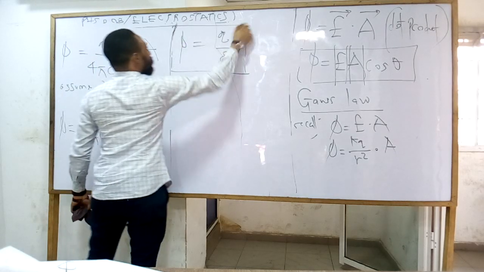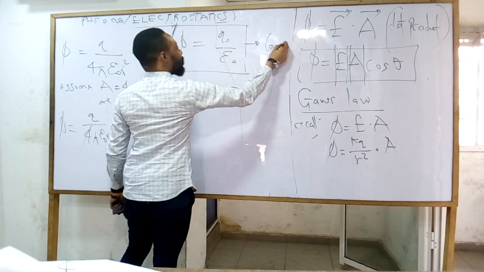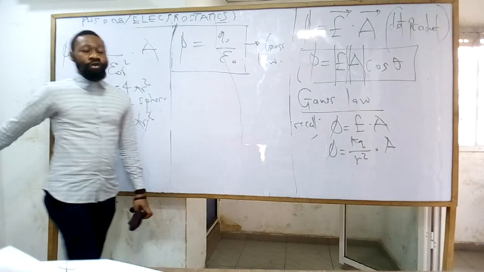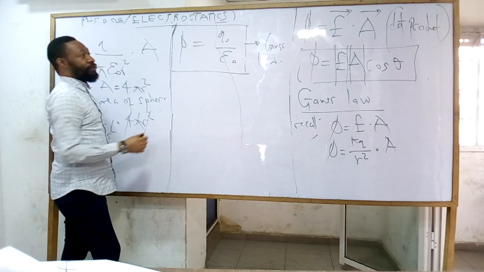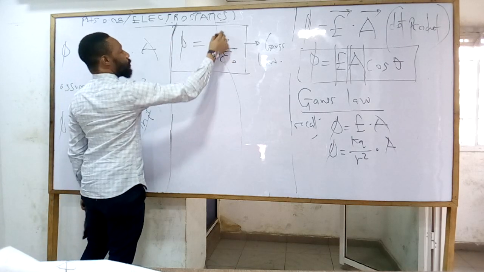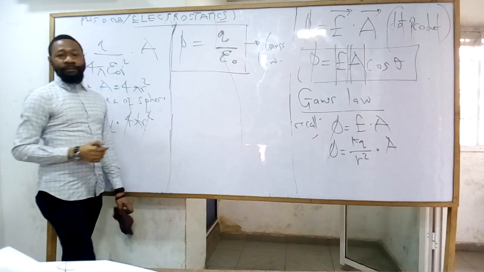This expression is what is called Gauss law. So once you can remember this, you can state Gauss law. Gauss law states that the flux passing through a surface is the ratio of the total charge to the permittivity of free space.